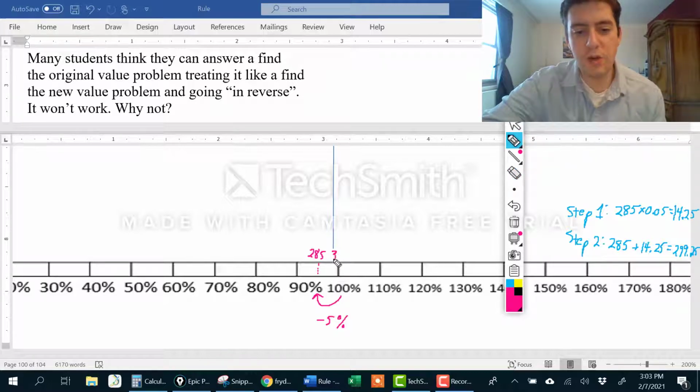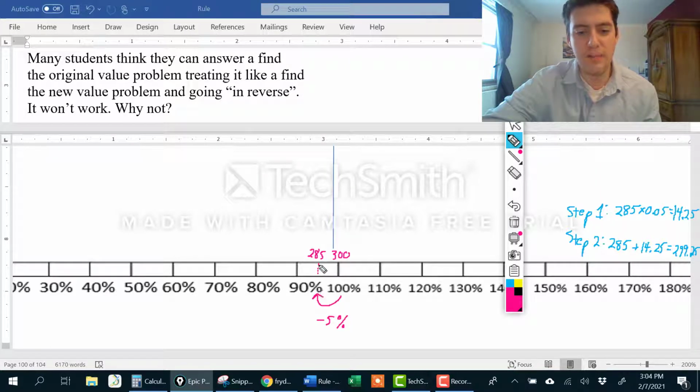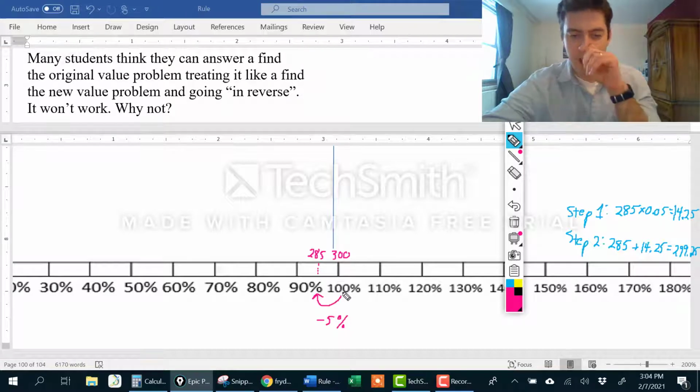He started out with $300, okay? And then his money decreased by 5%. So if this is 100% here, this is 90% here, then right in the middle, that would be 95%. So his money decreased by 5%, and the new amount of money that he has is $285.